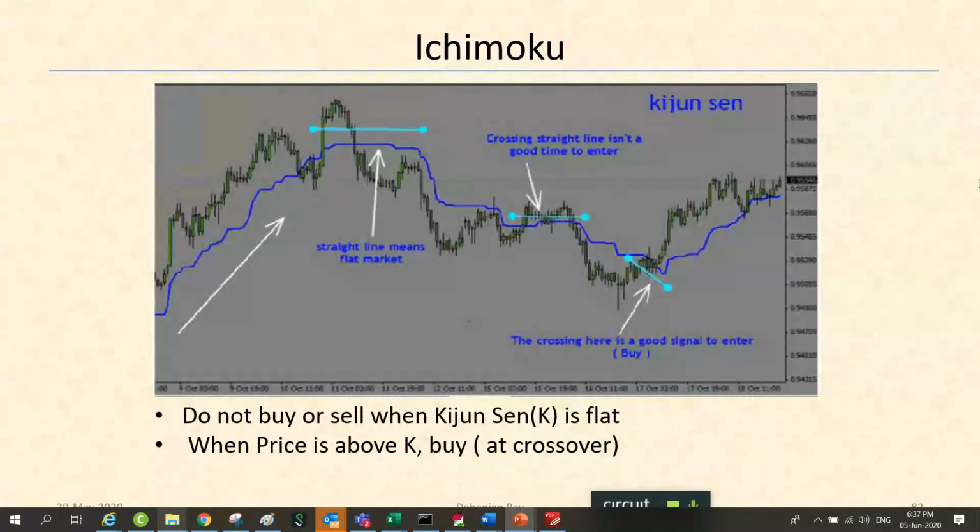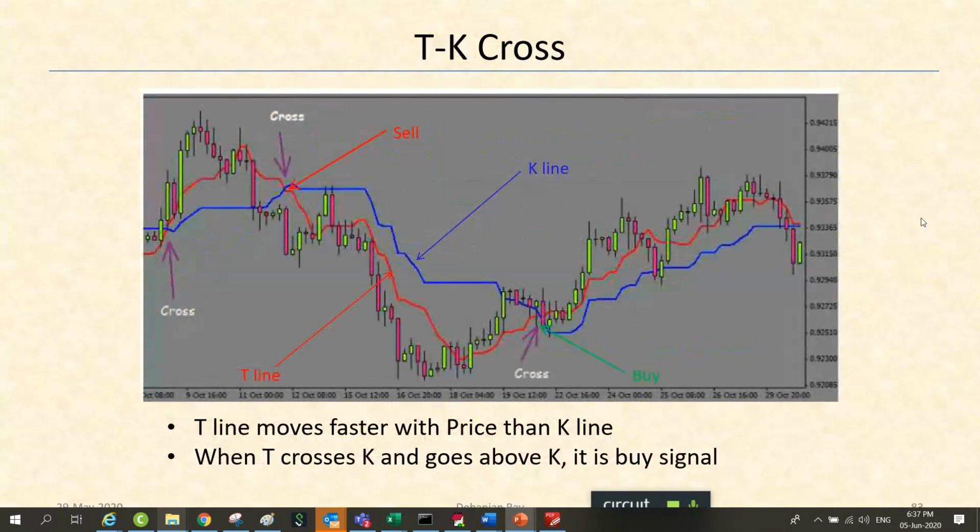And we have known that this K line, if it is flat, do not purchase it. And if the price is above the K line, then you can buy it. We also knew the TK cross. So the faster line is the T line and the slower line is the K line.